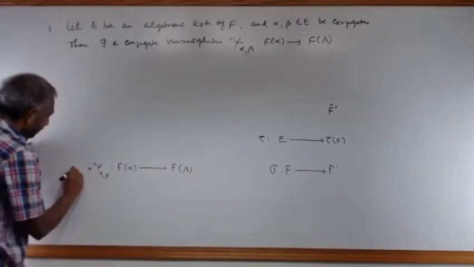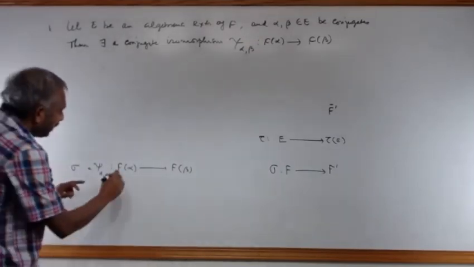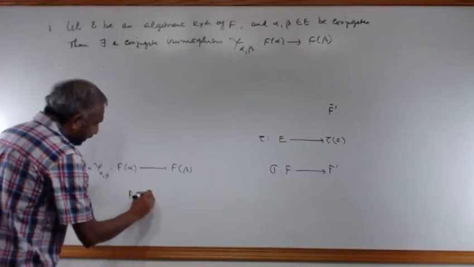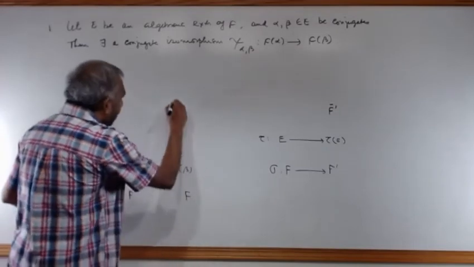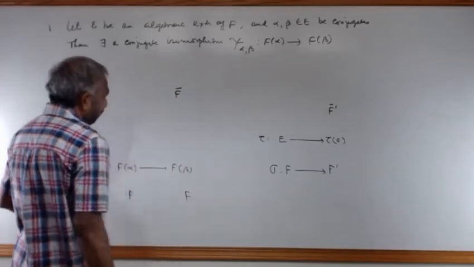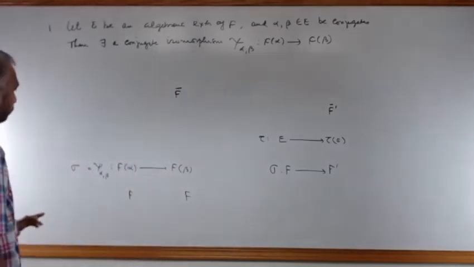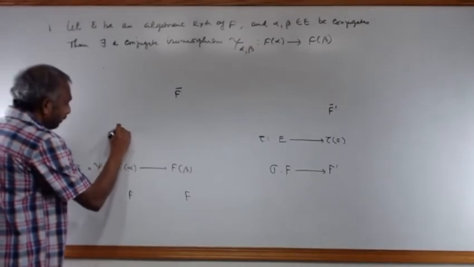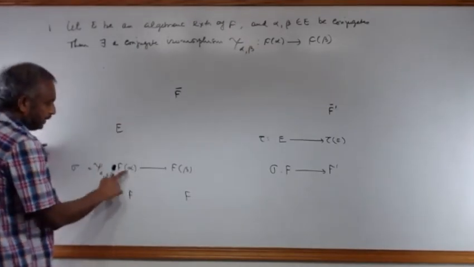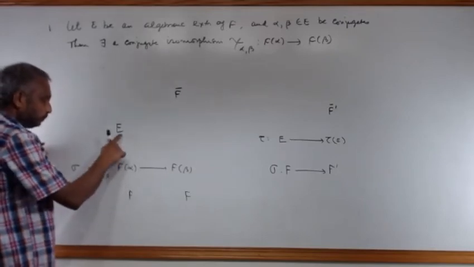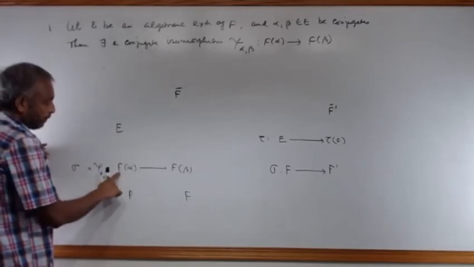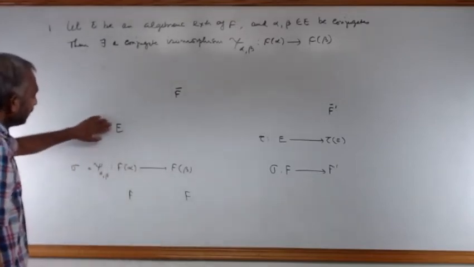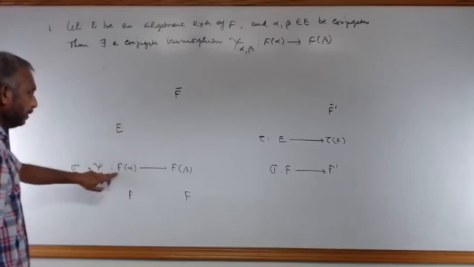This is our sigma, and of course this is an extension of F, and this is also an extension of F, and we have an F prime closure here. And E is an algebraic extension of F, and since alpha belongs to E, F of alpha is a subfield of E. So E is an algebraic extension of F of alpha.